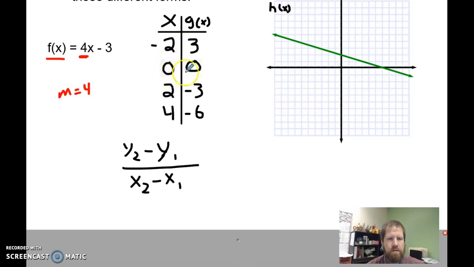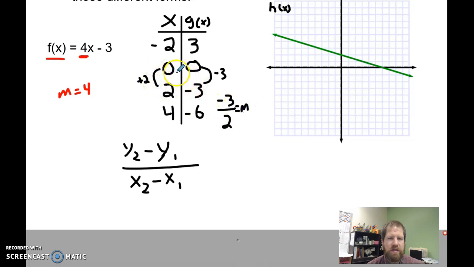Since I've got double zero here, it's pretty easy for me to say x increases by 2, and at the same time, y, or in this case g of x, decreases by 3. So my slope here would be negative 3 over 2, and that would be my slope for this one.